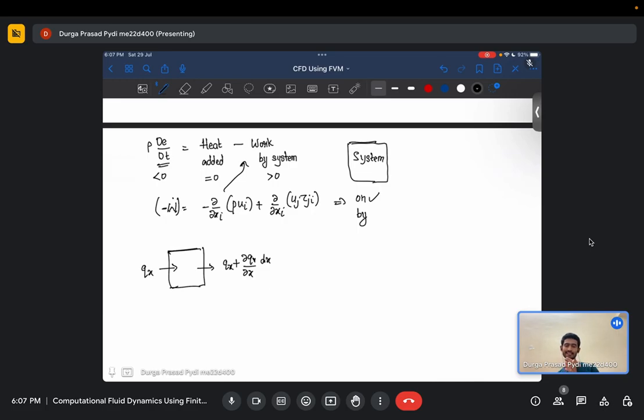Essentially the net heat that is added to the system in this particular case, if Qx is your heat flux moving along the x direction, is the divergence of Q. Divergence of Q will give the net influx or outflux. If it is positive, it is incoming, and if it's negative, it's outgoing.